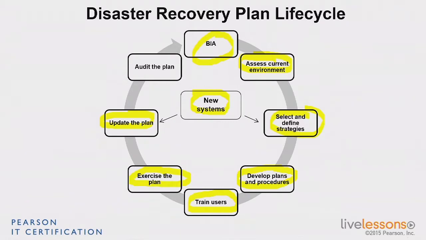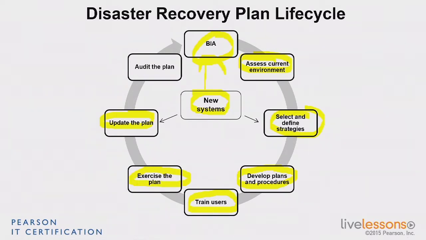And based on those new systems, we're going to have to, again, select and define strategies, develop plans and procedures, train users, and exercise the plan for the new system. Of course, the new system will also impact our business impact analysis. So we're going to have really a very iterative process like everything else that we've looked at.